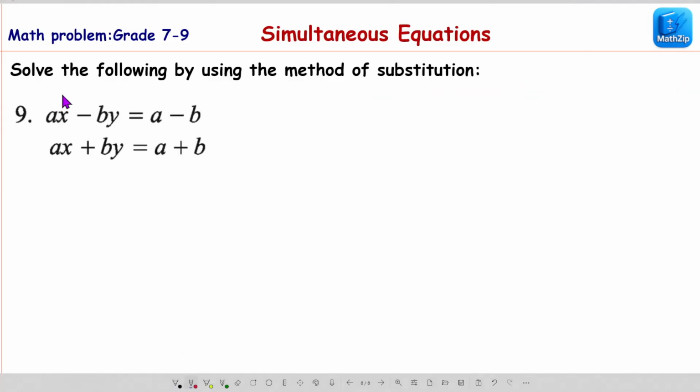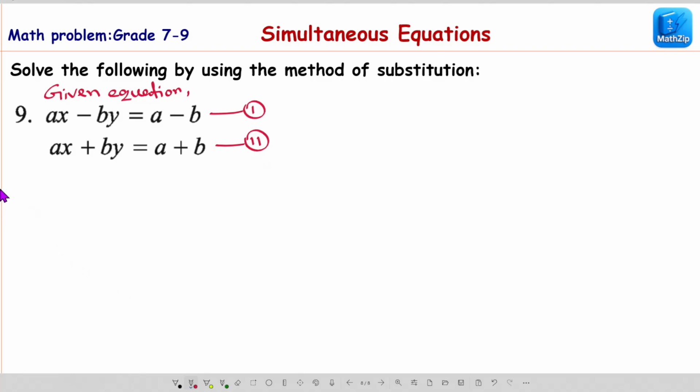Number 9, given equations: ax minus by equals a minus b, this is equation 1, and ax plus by equals a plus b, this is equation 2.